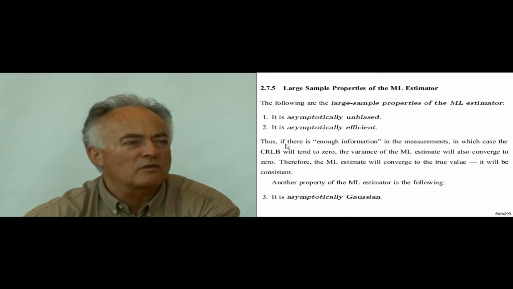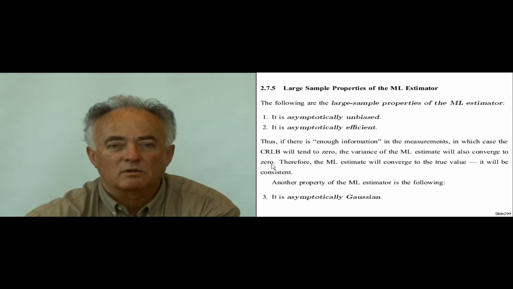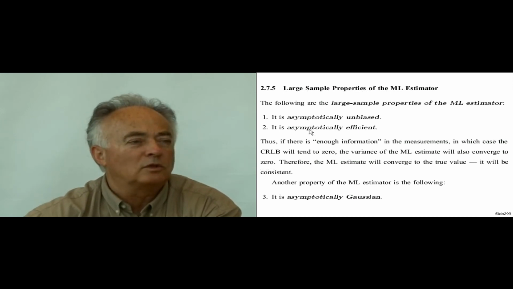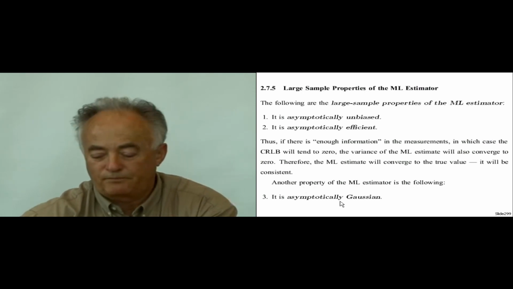If there is enough information in the measurements, in which case the Cramer-Rao lower bound will tend to 0, the variance of the ML estimate will also converge to 0. That's because of the efficiency. Therefore, the maximum likelihood estimate will converge to the true value. It will be consistent. Another property of the maximum likelihood estimator is that it is asymptotically Gaussian.